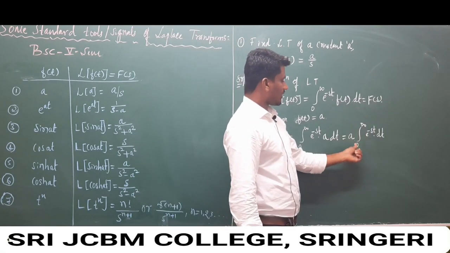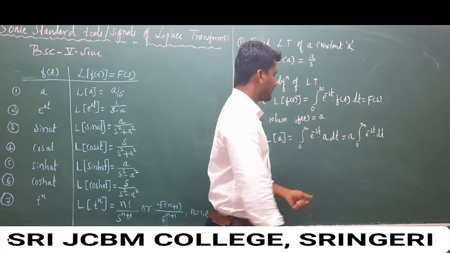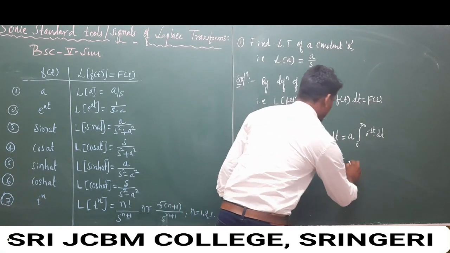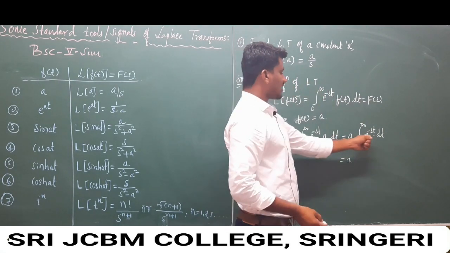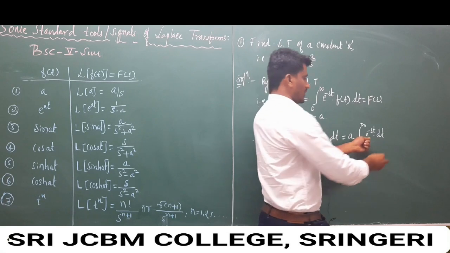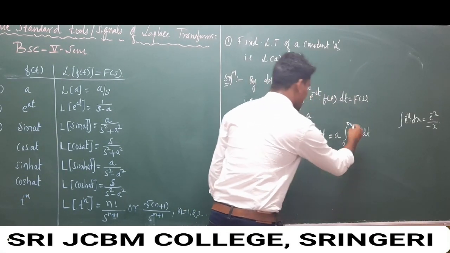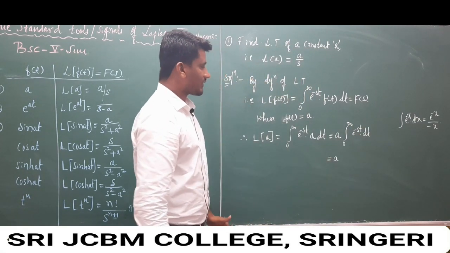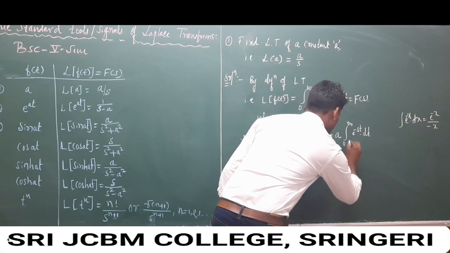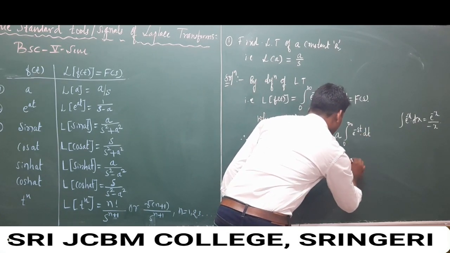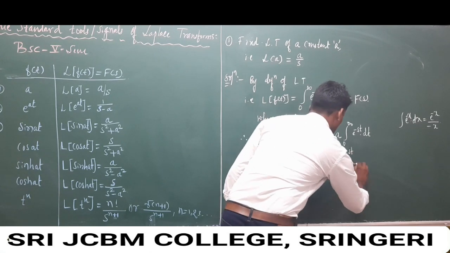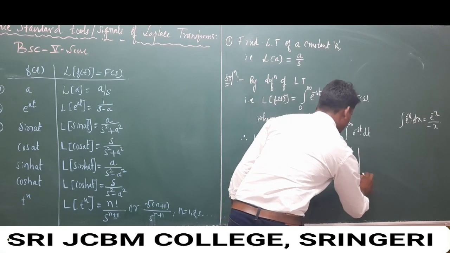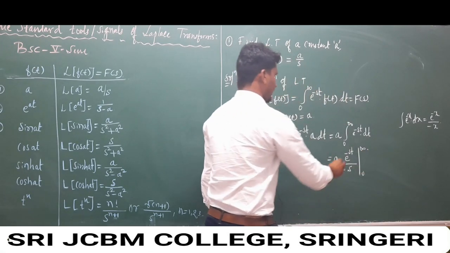Here we have to apply integration, and we are already familiar with the integration of the exponential function. So integration of e to the power minus st with respect to t is e to the power minus st over minus s, and limit values are 0 to infinity.